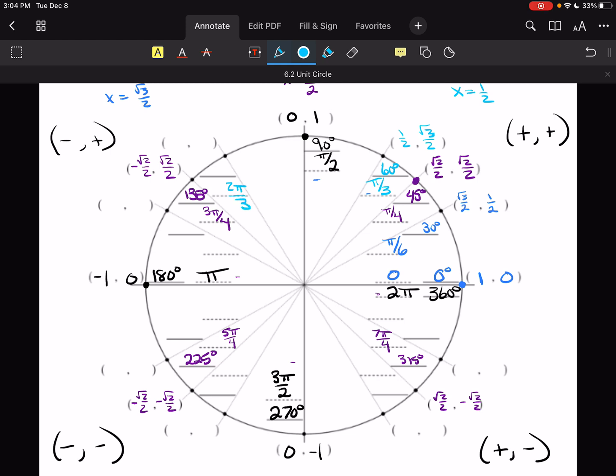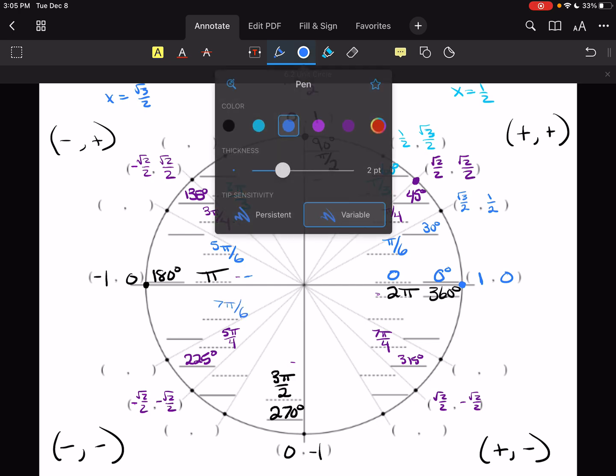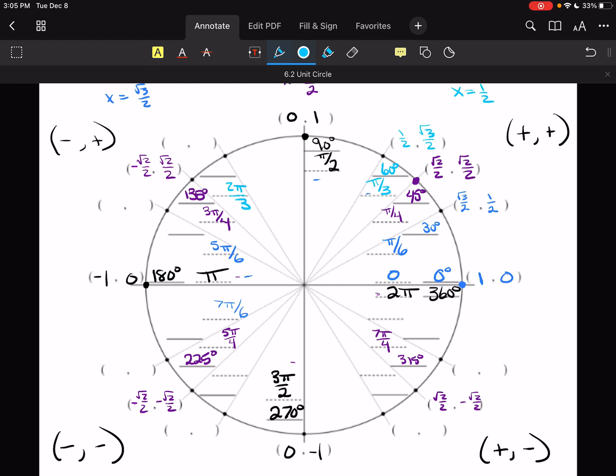Okay. And let's just go around and take care of the radians. So that was 4 pi over 6. Add another pi over 6, and that would be 5 pi over 6. Add another pi over 6, 6 pi over 6, which would be pi, right? It's already taken care of. 6 pi over 6 plus pi over 6 would be 7 pi over 6. 8 pi over 6 would become 4 pi thirds.